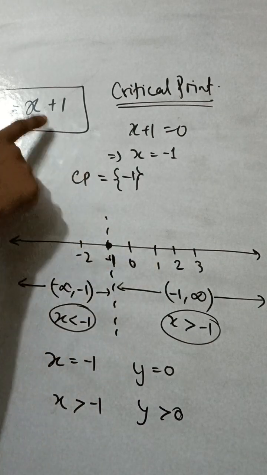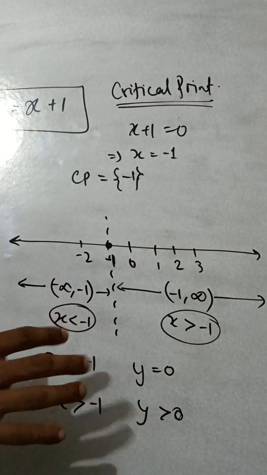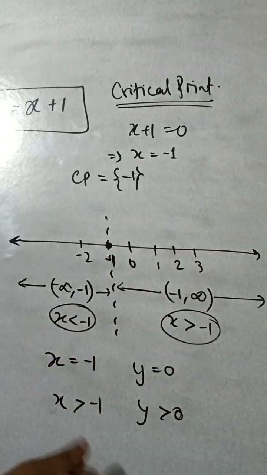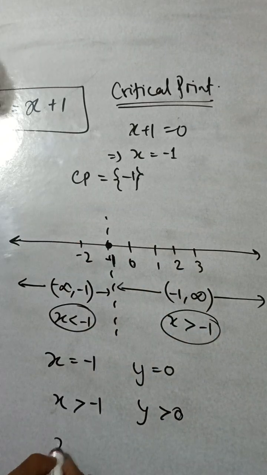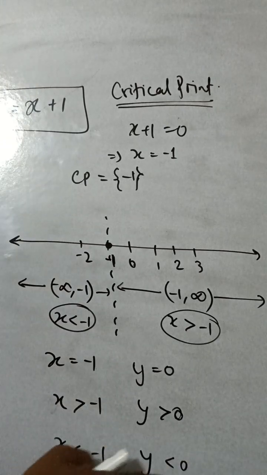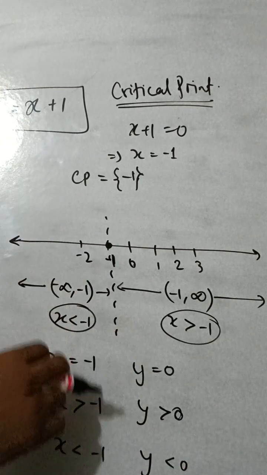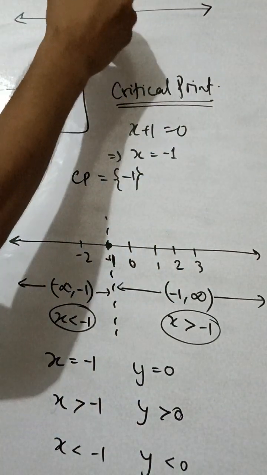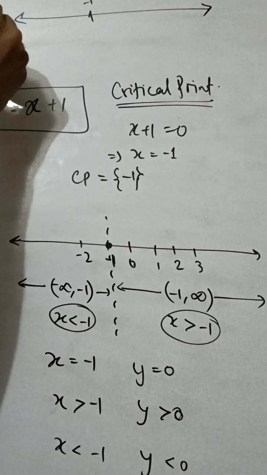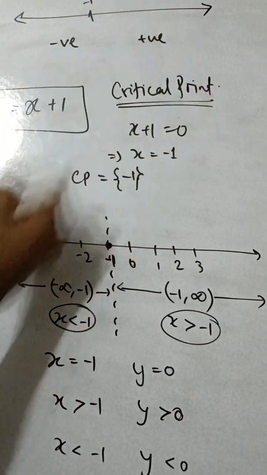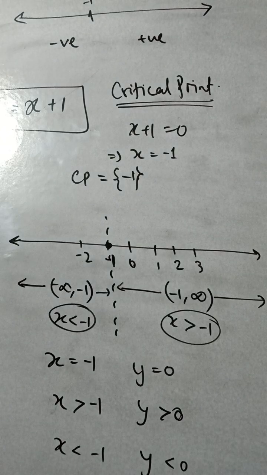If x is 1, then x plus 1 will be positive. It will always be positive on this region. And whenever x is less than minus 1, our x plus 1, that is also y, will always be negative. So x plus 1 will be negative here and positive here. This is a very basic thing that I have shown now.